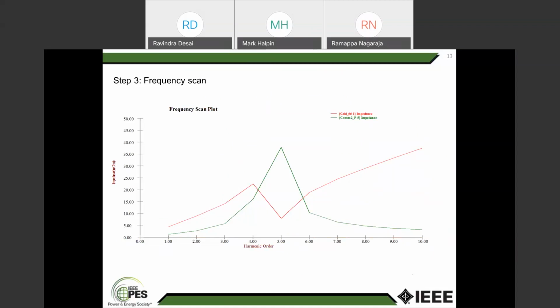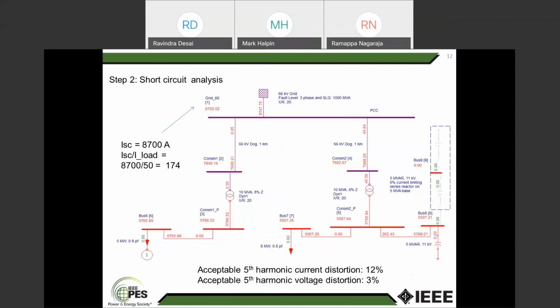Then comes the frequency scan. At the fifth harmonic, the transformer is modeled, transmission line is modeled, source is modeled. You try to find out the driving point impedance at fifth harmonic. There is a separate illustration for how to model the transformer, how to model the load, at what frequency.